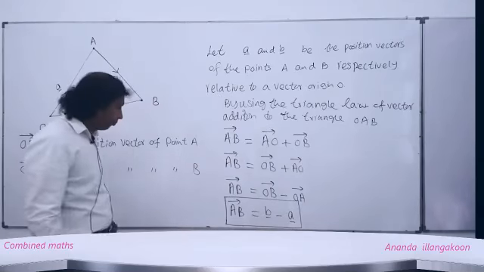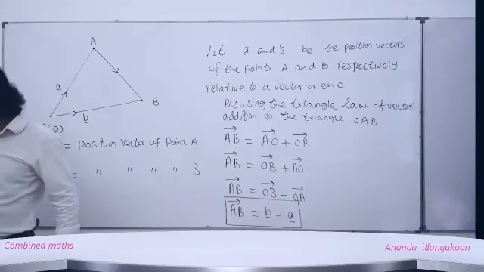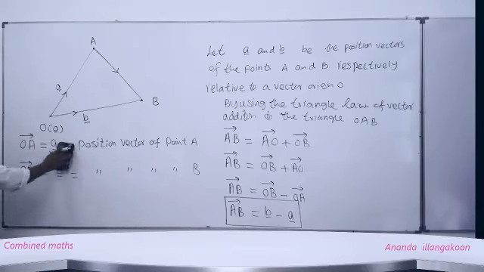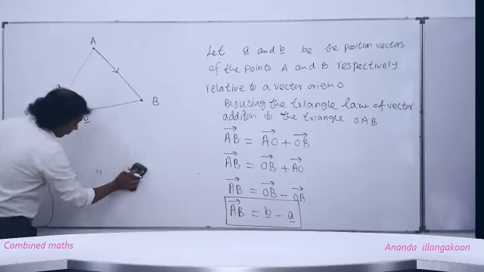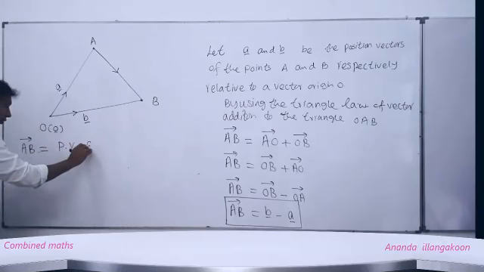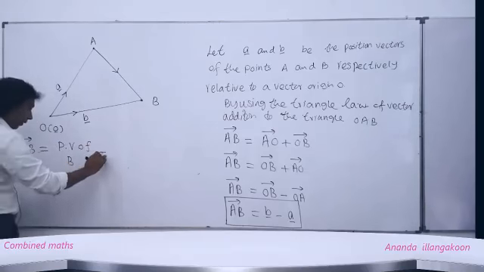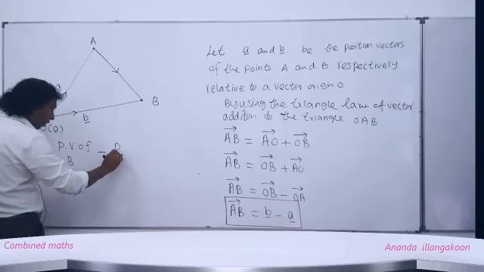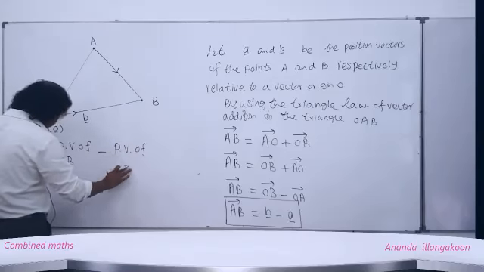Then what is this, people? AB vector is therefore, what is B? Position vector of the second letter in the left hand side, position vector of B, second letter, minus position vector of the first letter.